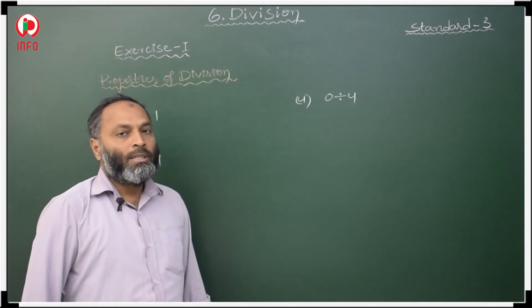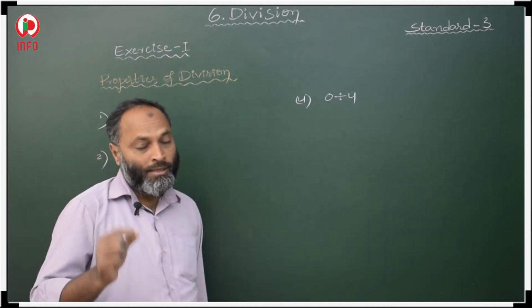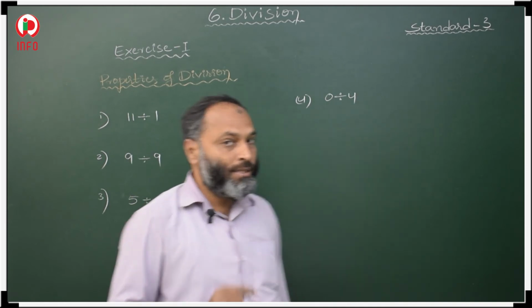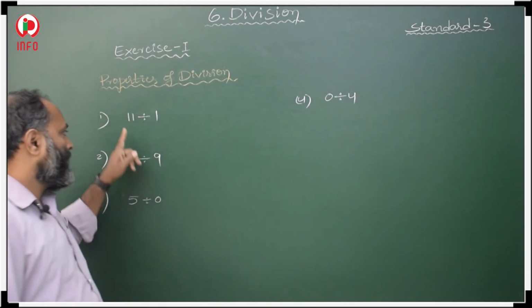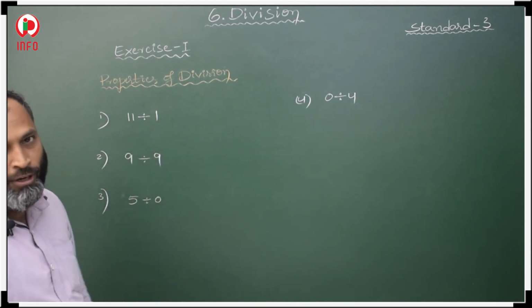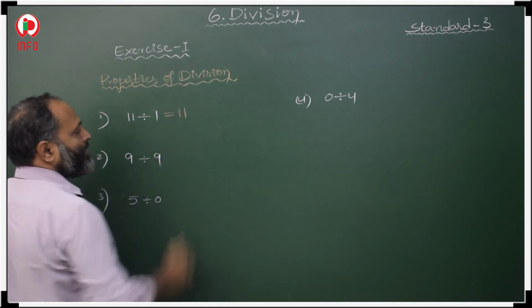Okay. Now students, some properties are there in division. Just remember all these properties. Division properties. First property, if any number is divided by 1, then what is the answer? The number itself is the answer.